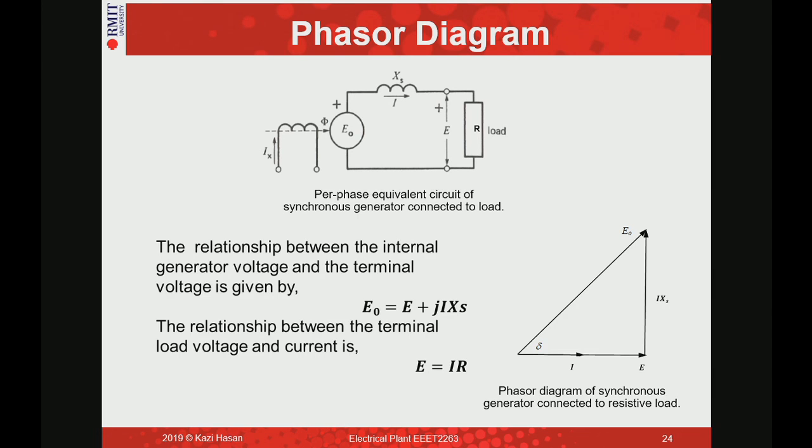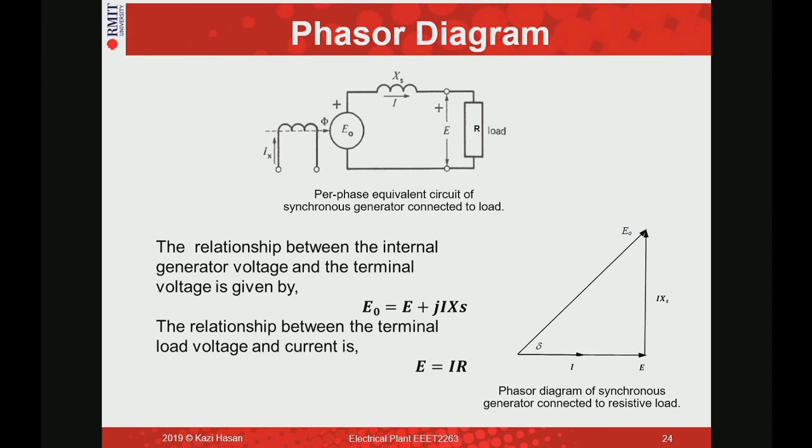The angle you see between E and E naught is called the torque angle for a machine. The angle between the terminal voltage of the machine at the load terminal and the internal voltage E naught.